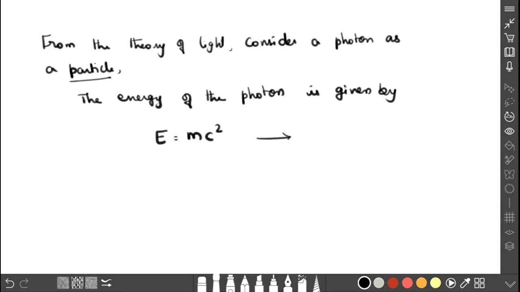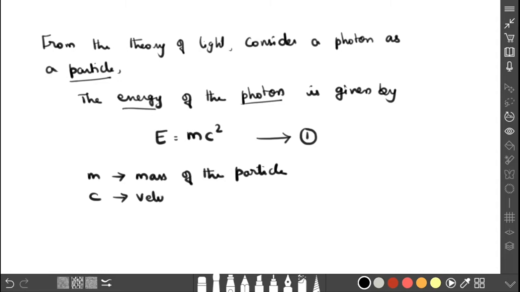Here E is the energy of the photon, m is the mass of the particle, and c is the velocity of light. So he considered the photon as a particle.